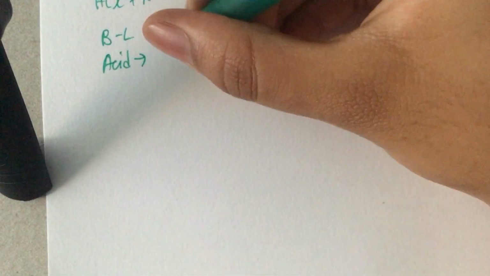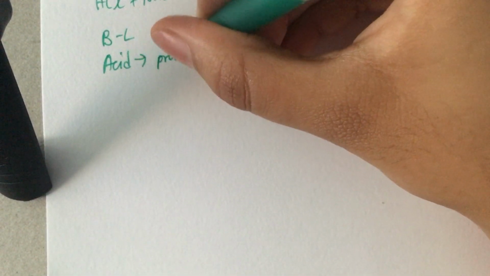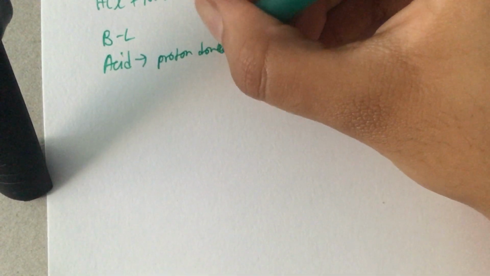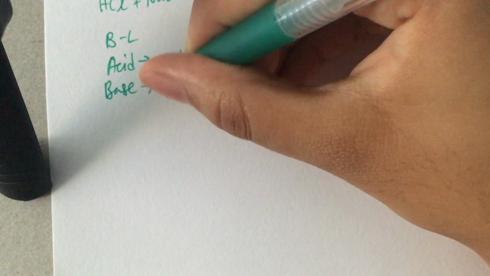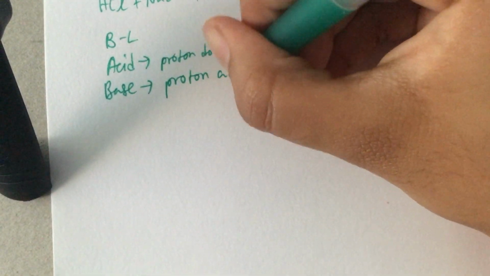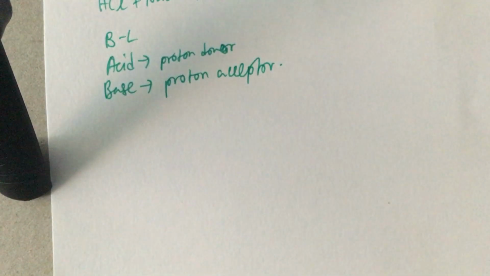So the Brønsted-Lowry theory suggests that an acid is a proton donor and a base is a proton acceptor. Instead of saying that the base gives you OH minus, it just says that the base accepts protons. And they don't really mention water as a solution, so it could be in any particular solution whatsoever. It doesn't have to be water.